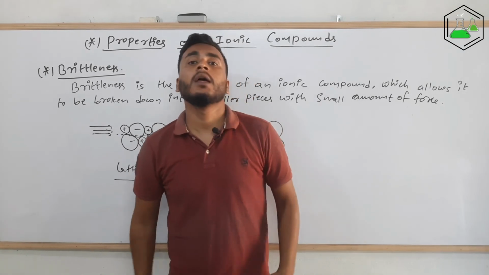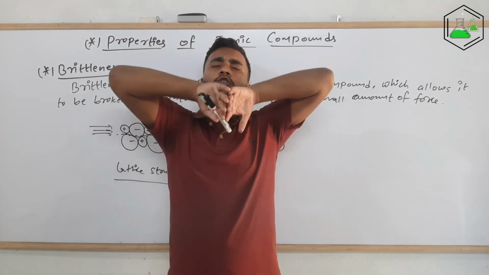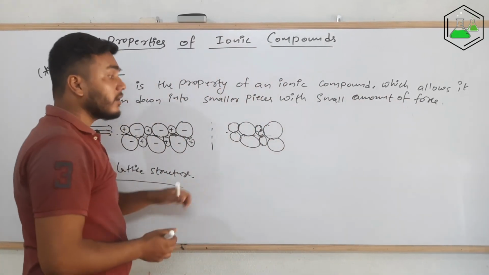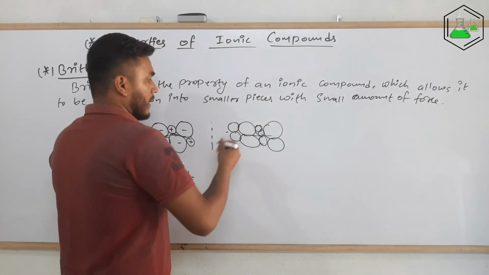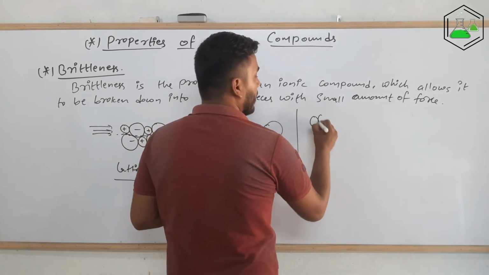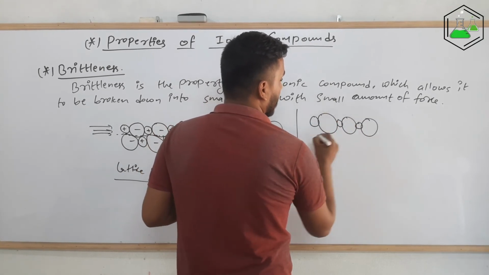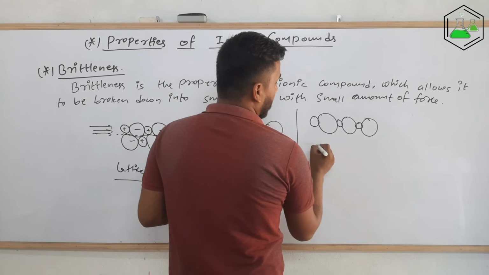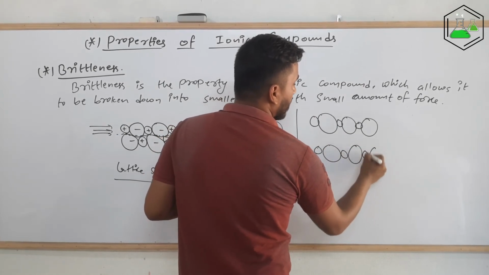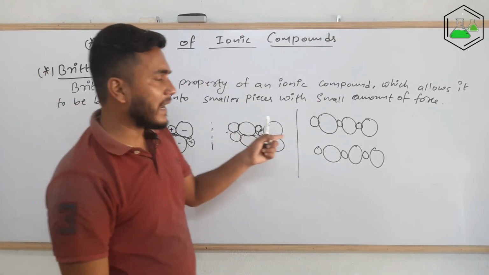And what happens when like charges come closer? They repel. They try to push each other far from each other. Now, what will happen? They will eventually break. There will be plus minus plus minus plus minus, and there will be plus minus plus minus plus minus. You can see over here the bond is broken by applying some force.